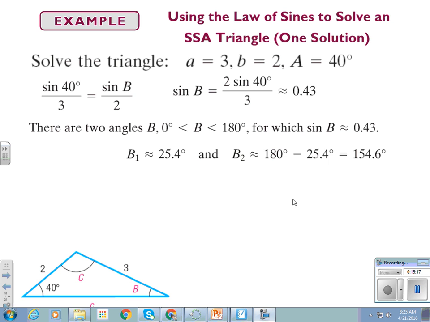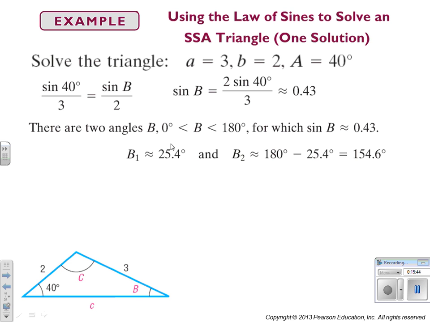The first triangle you solve just like you would a normal triangle. So that's where we get the 25 degrees. Find angle B is 25.4. To find the angle for the second triangle, you take 180 and subtract your original, your first angle. So we're going to solve this triangle if B is equal to 25.4, and we're going to solve this triangle if B was equal to 154.6.